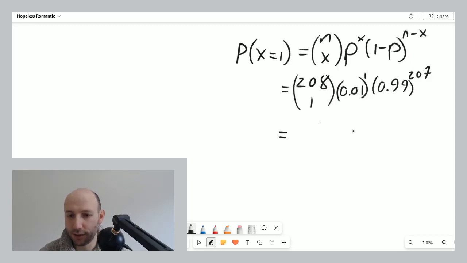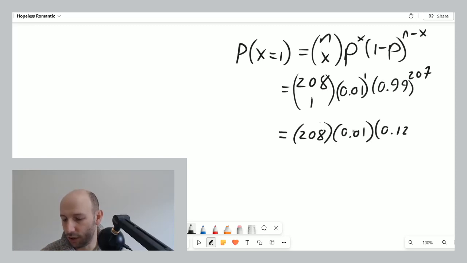Well, 208 choose 1 is 208. 0.01 to the power of 1 is 0.01. And 0.99 to the power of 207 is approximately 0.1249. All right, and when we multiply all of that together, we get about 0.26, which is 26%.